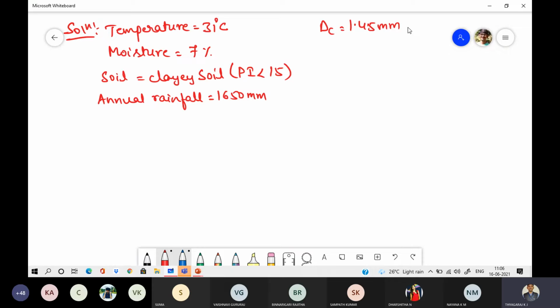So we already know how to determine this corrected deflection after temperature correction. So first we will do the temperature correction. Later on we will go for the moisture correction. So the first one, temperature correction.